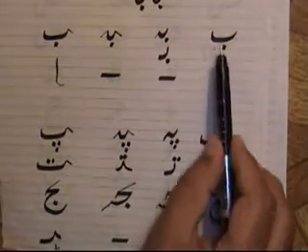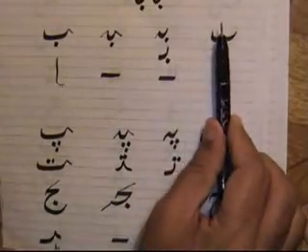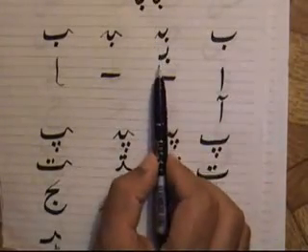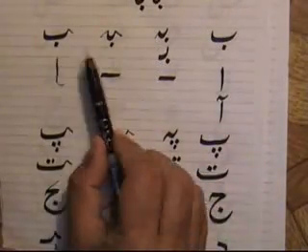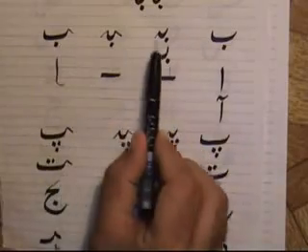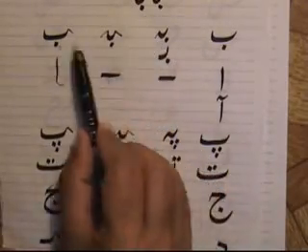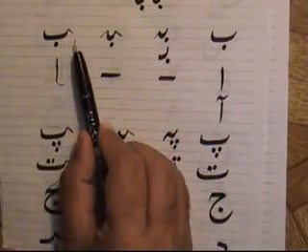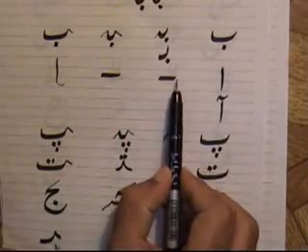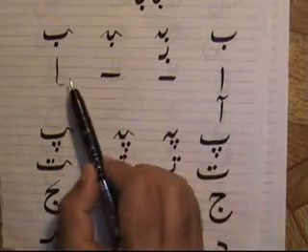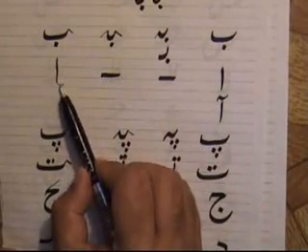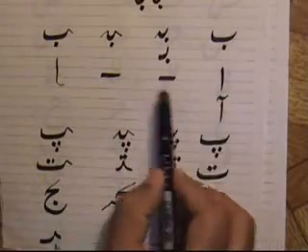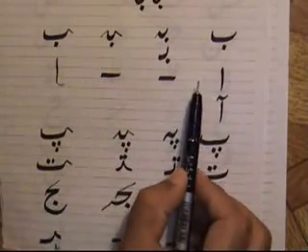All alphabets have independent positions, but other than independent positions, they have initial, medial, and final. So those alphabets which can assume all three positions, we call them connectors. And those alphabets like Alif, which only appear in the final position or independent position, are called non-connectors.